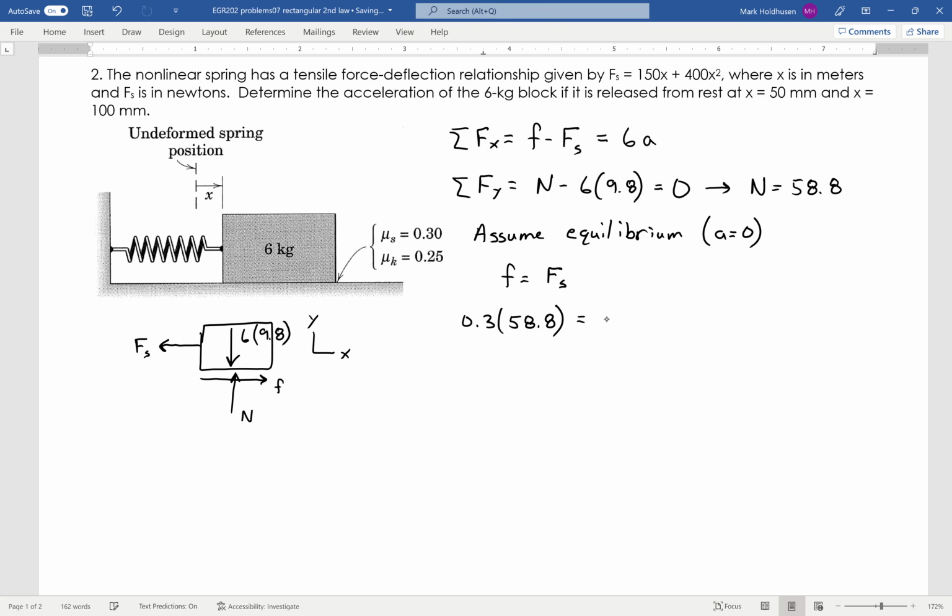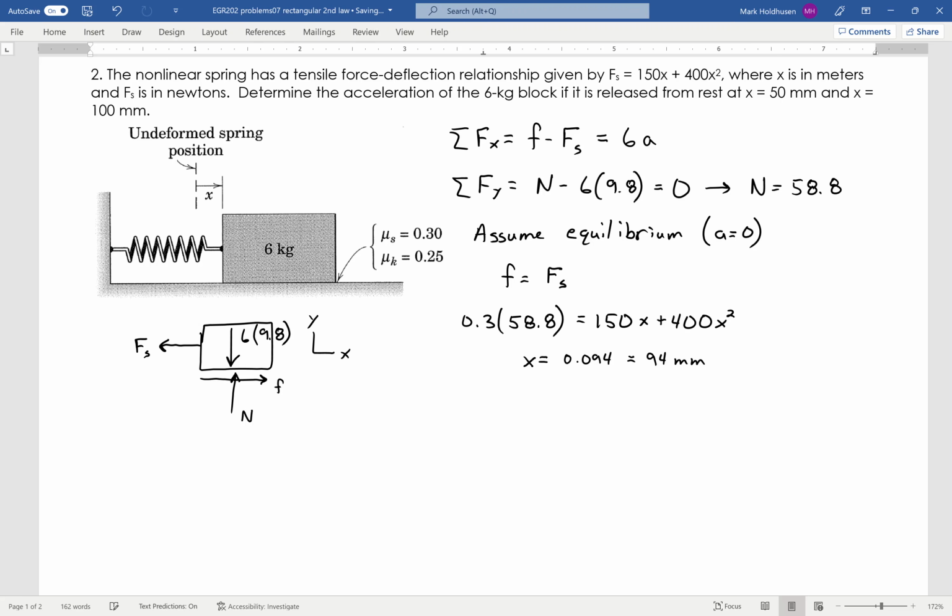I'm going to set that equal to 150x plus 400x squared, which is the force of this nonlinear spring here. From this, I can determine that my x is 0.094, which is 94 millimeters.